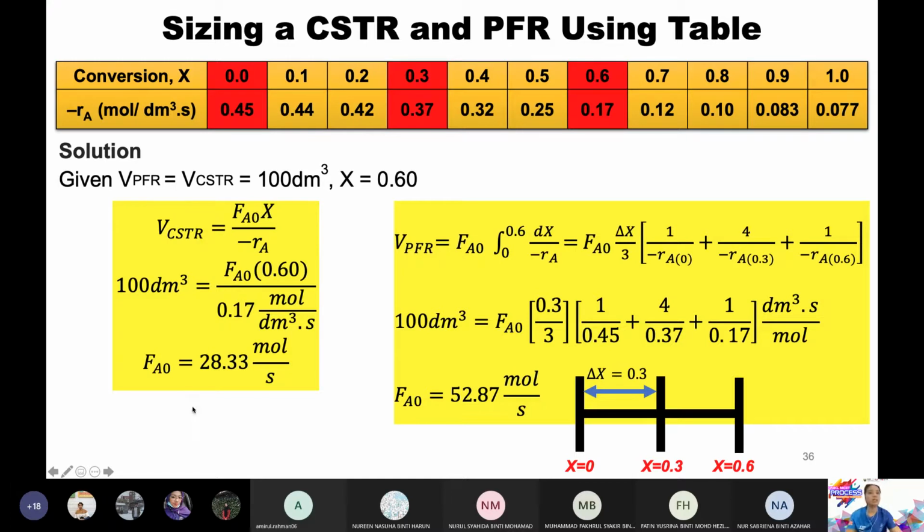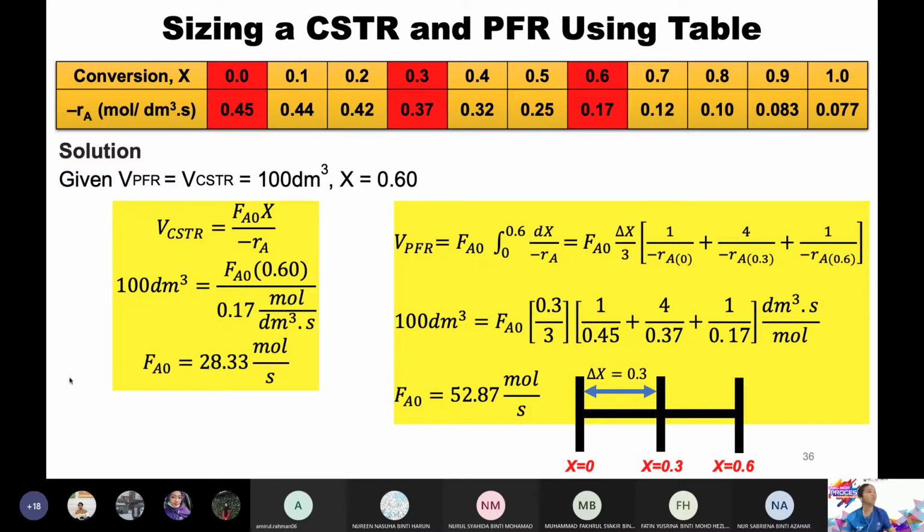So when you are using CSTR, if your reactor volume is 100 dm cube and you want to achieve 60% conversion, you have to control your molar flow rate of A at 28.33 mol per second. Means kamu kena adjust, kamu nak pump molar flow rate tu, kamu kena adjust pada 28.33. Then only you can achieve conversion 60% in 100 liter CSTR.